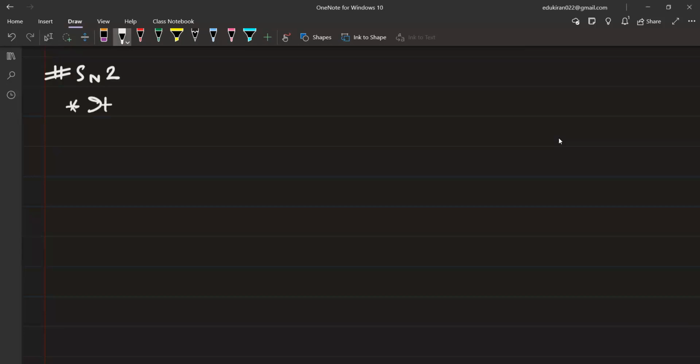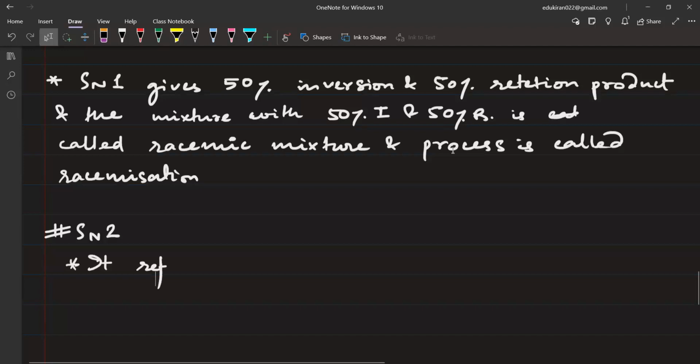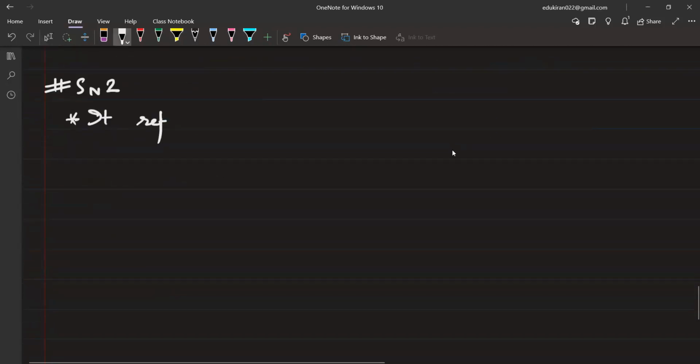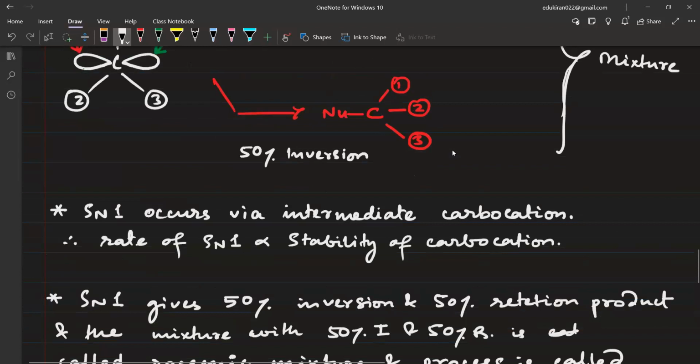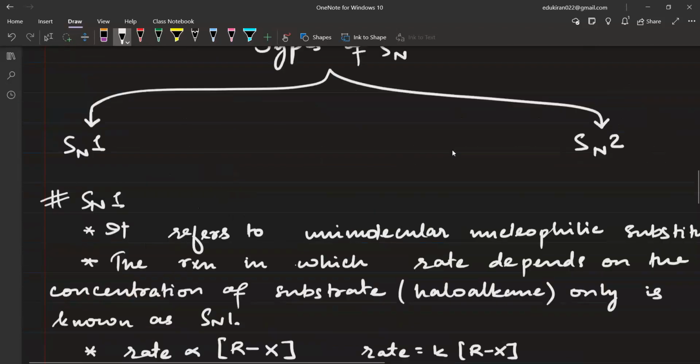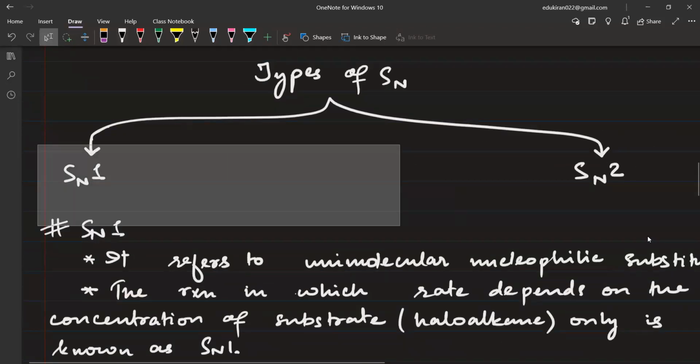Sir, before we wrote a kind of flow chart, types of SN. No. After you have written this part, arrangement and all, then you will write SN2. So that part will be empty only? Types of reaction, SN1, SN2, we didn't write anything.